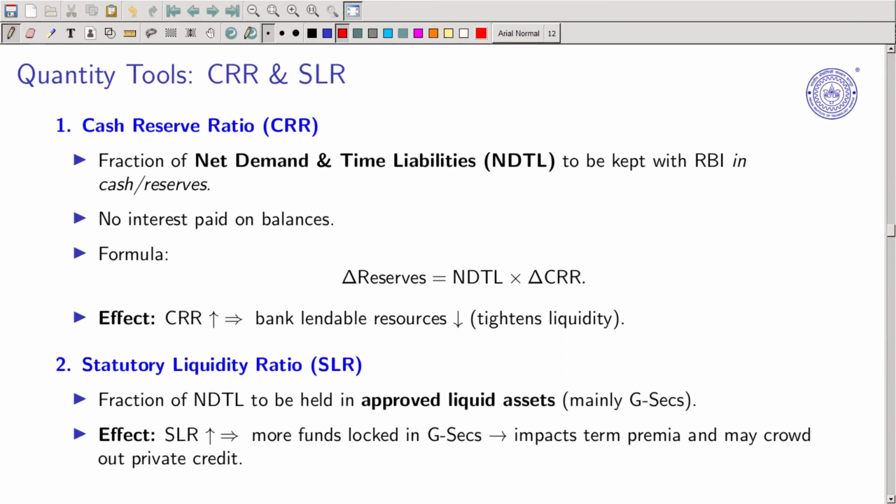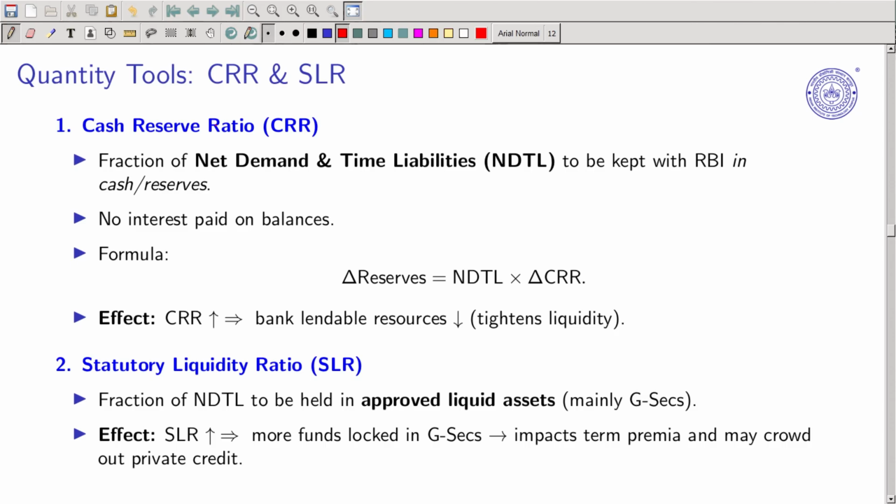Now, the second is about the quantity tool, which is about the CRR, cash reserve ratio, and SLR. As I mentioned, if you are depositing rupees 100 with the bank, and suppose RBI mentions that 5% of that amount has to be kept in cash form, not in gold or any government securities, then 5 rupees will be in the form of cash. So, it is a fraction of net demand and time liabilities, NDTL, which is the total worth of the bank.